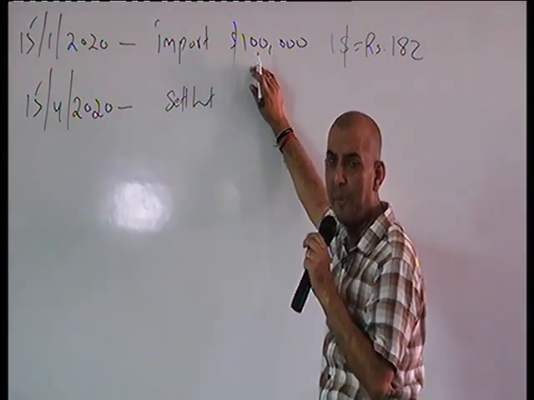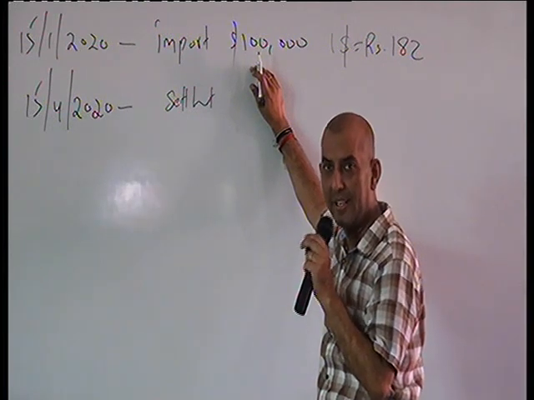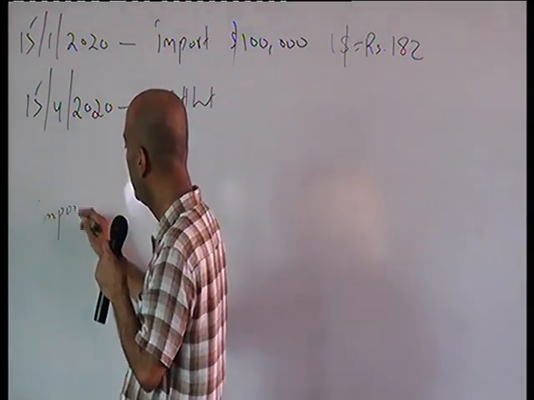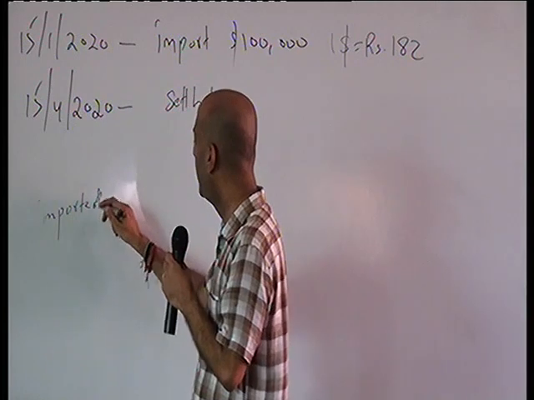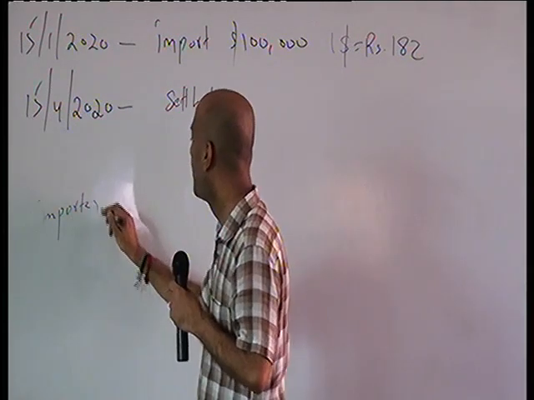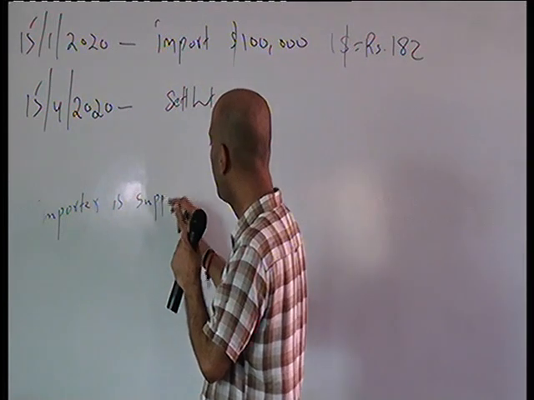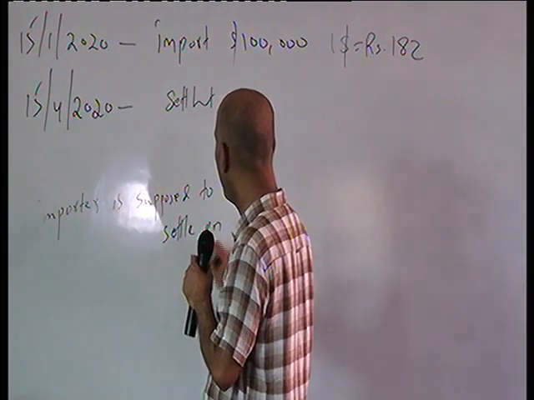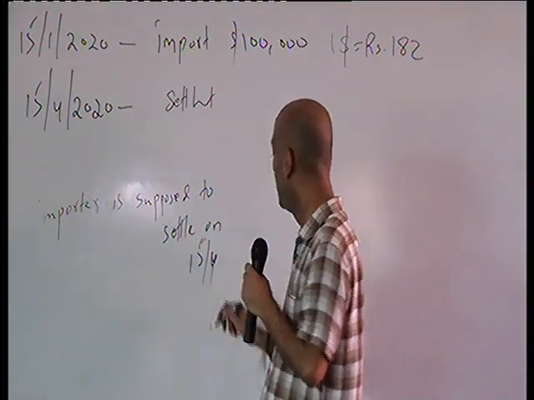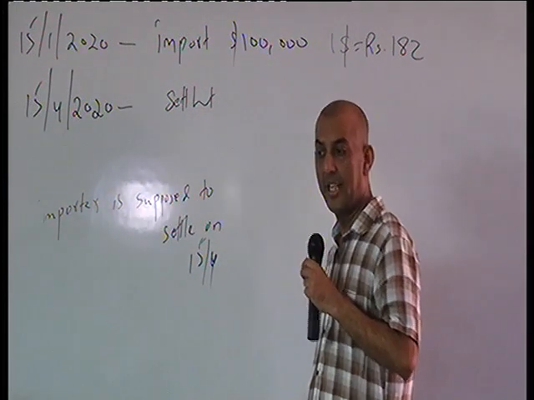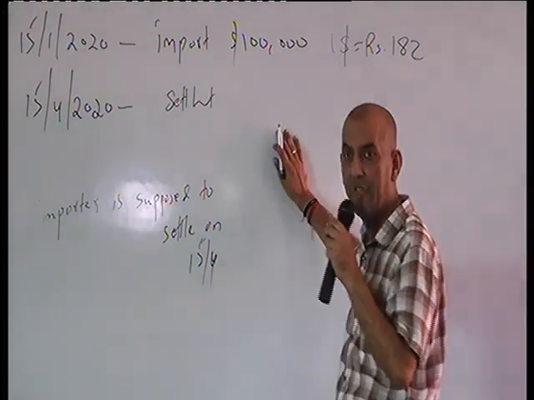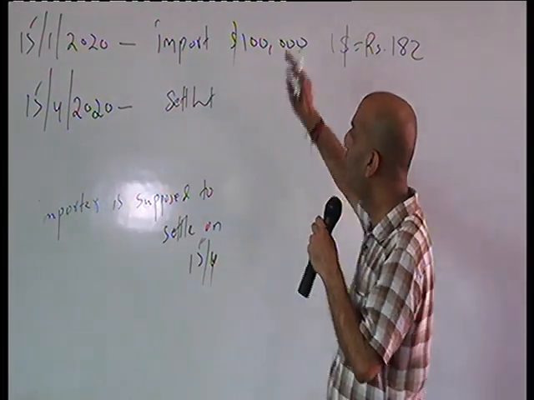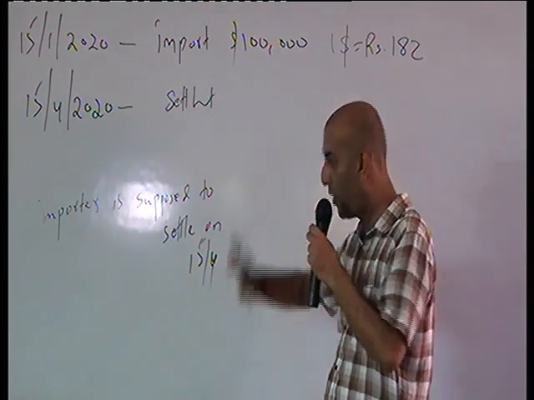Three months later, the importer is supposed to settle, on 15th of April. 3 months credit. So please note, you have imported and you are supposed to settle on 15th of April.